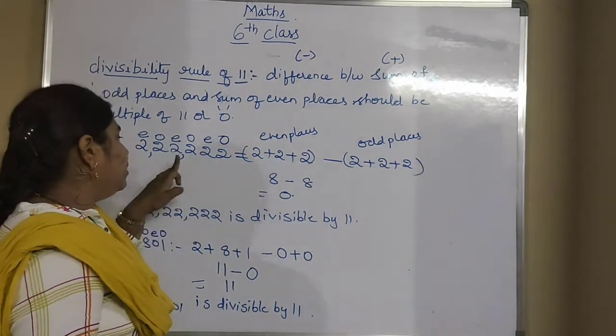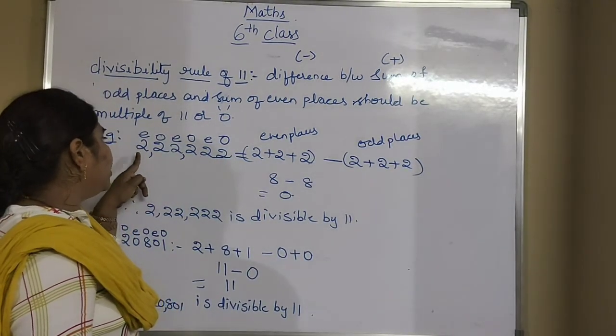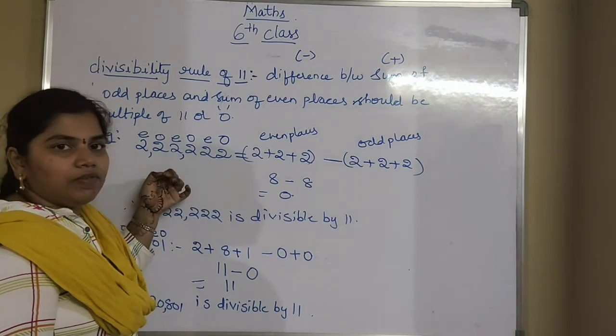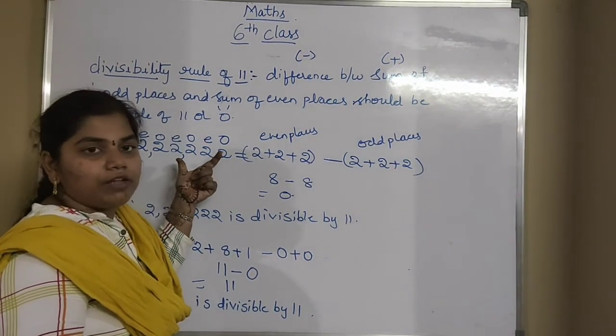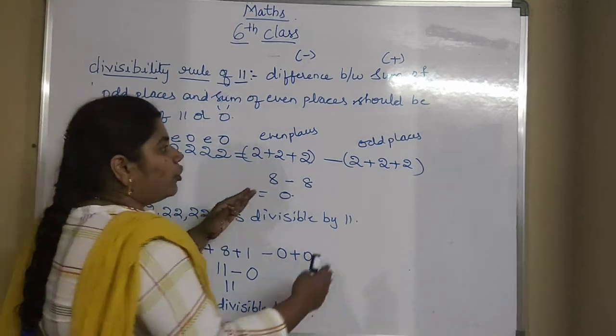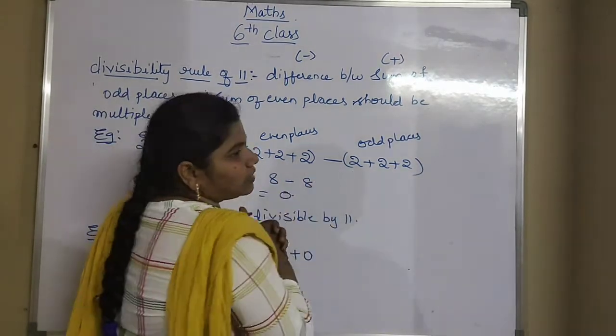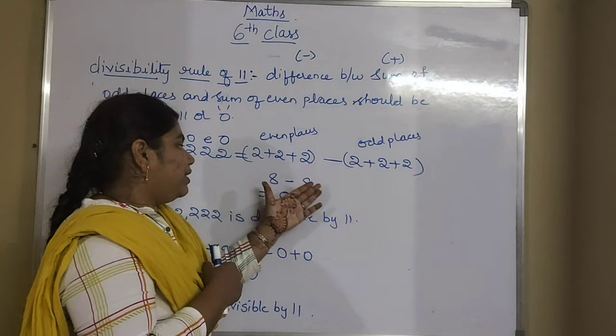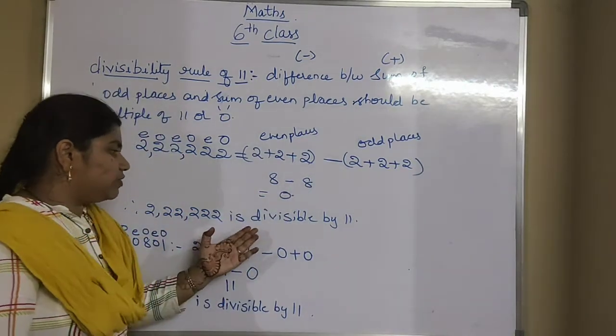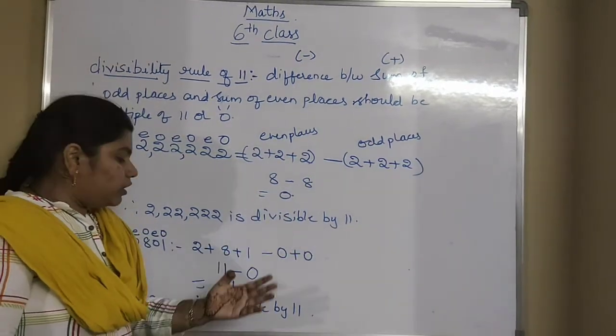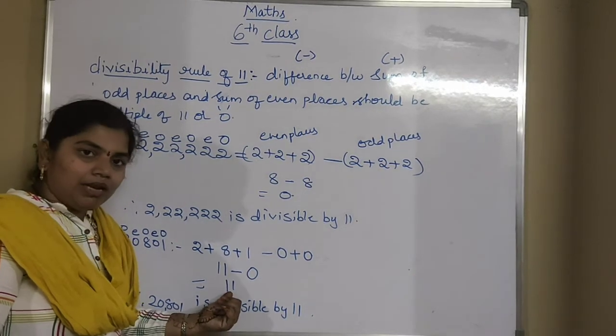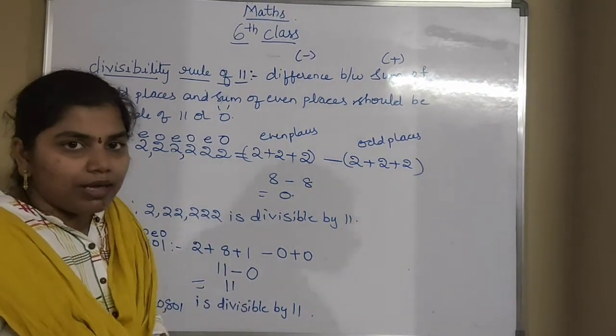Odd, even, odd, even, odd, even. You have to add all the even places as well as all the odd places, and subtract the results. So 8 minus 8 is 0, and that is divisible by 11. And if you get a multiple of 11, then also it is divisible by 11.